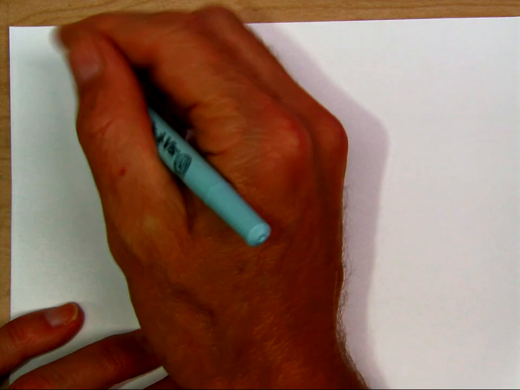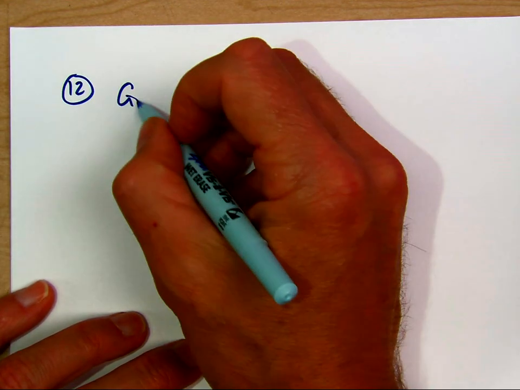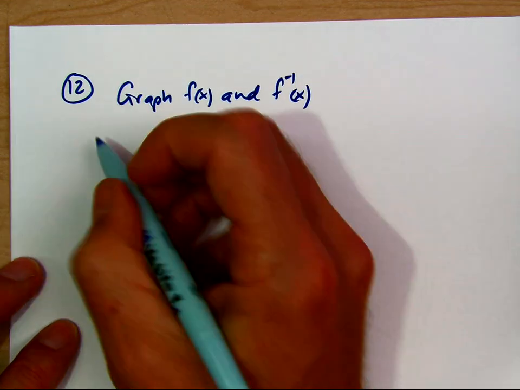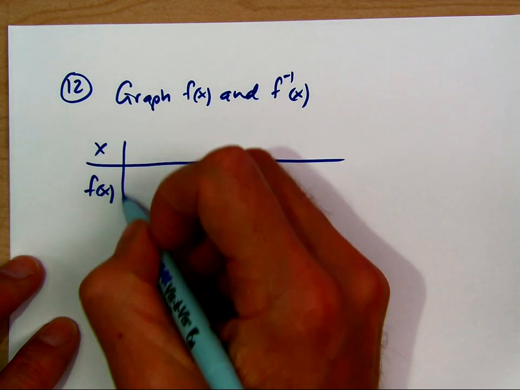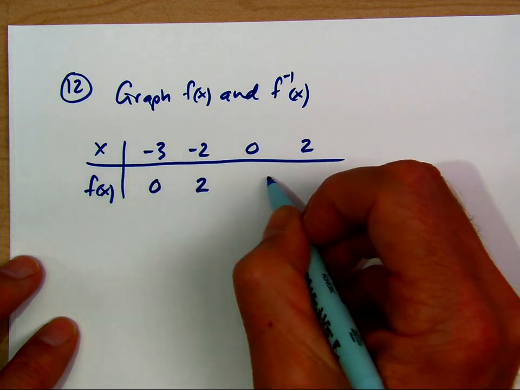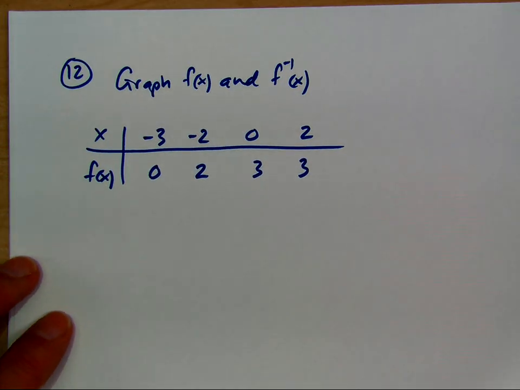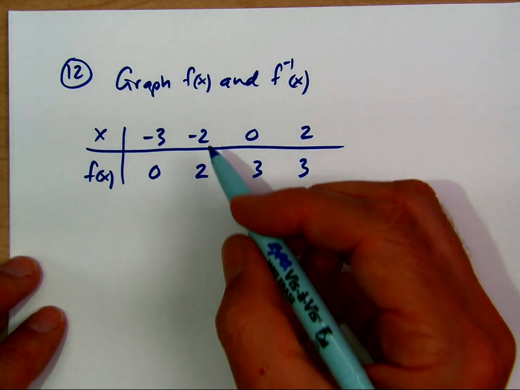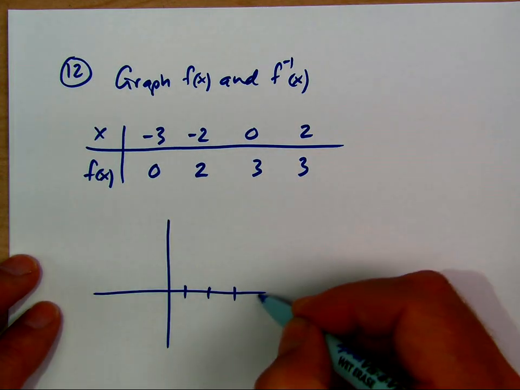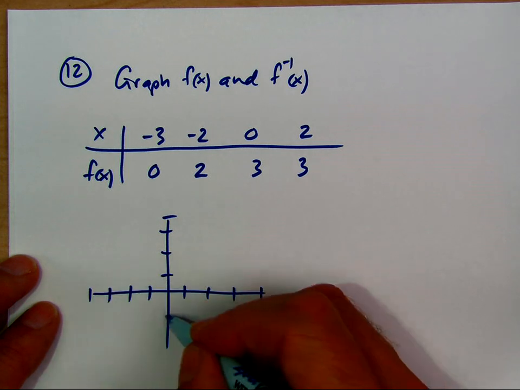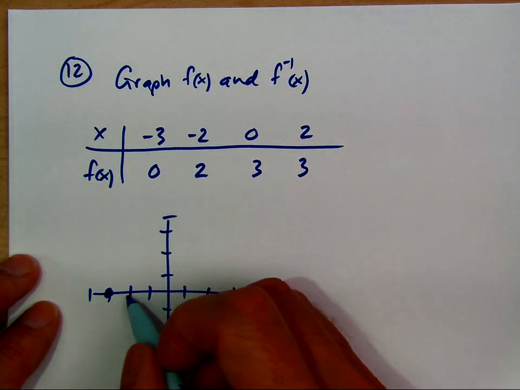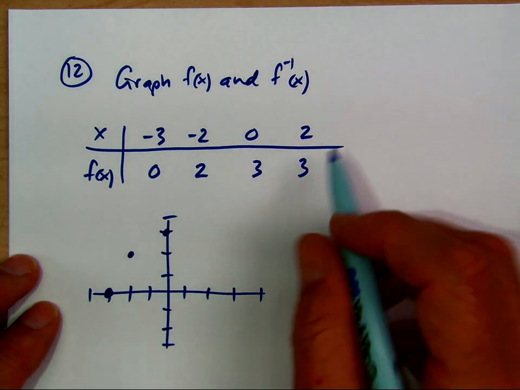Last problem. Okay, we just have to graph these points, and then we switch the x and the y to graph the inverse. -3, 0, -2, 2, 0, 3, 2, 3.